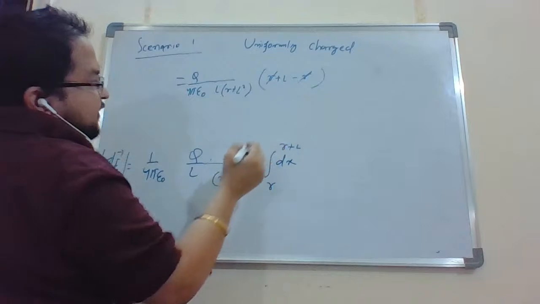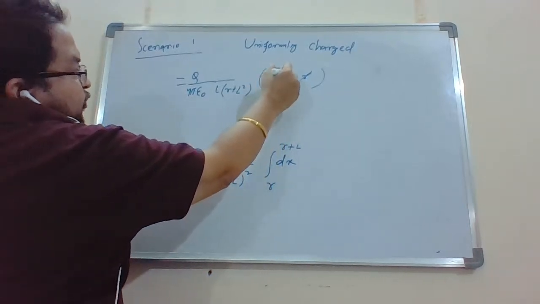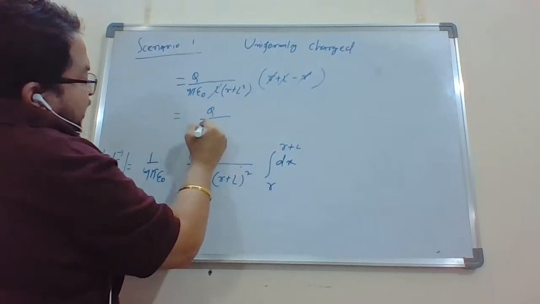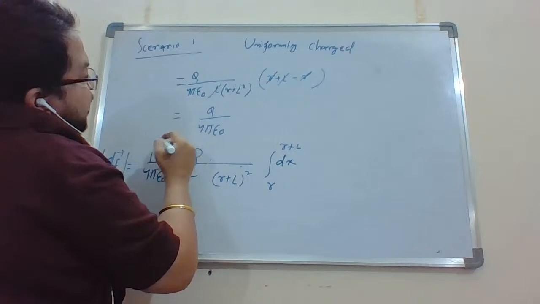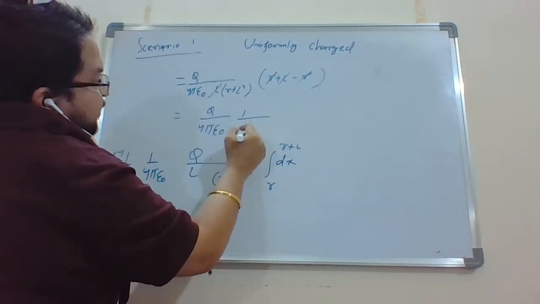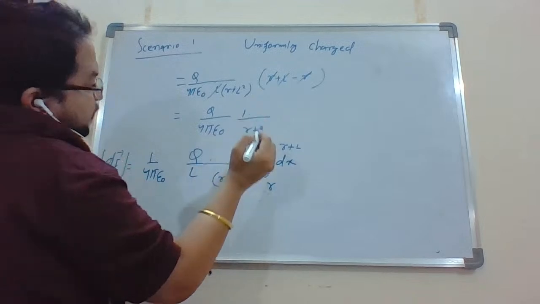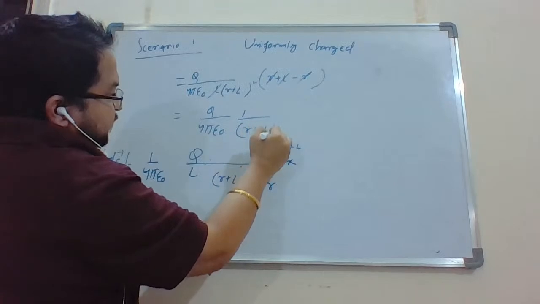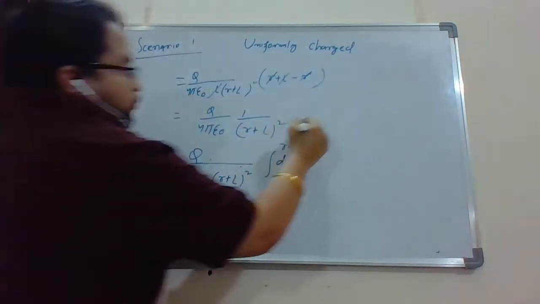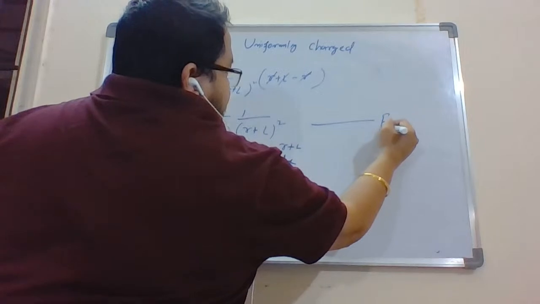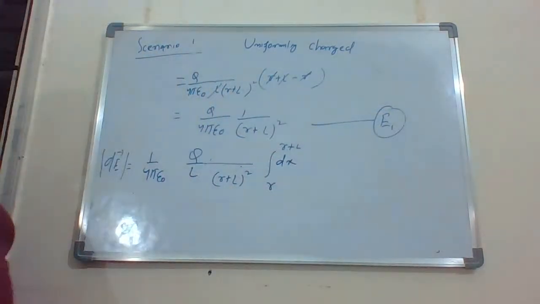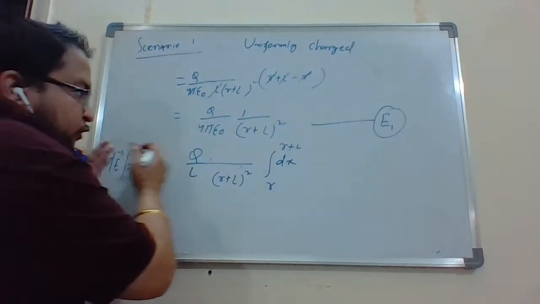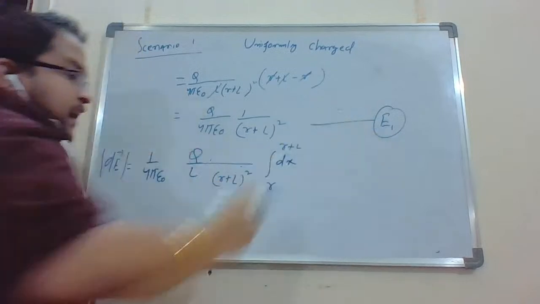So these two get cancelled out, and this L will get cancelled out with this L, and the answer would be Q by 4 pi epsilon naught 1 by r into R plus L. Sorry, this is whole square, R plus L whole square, right? So this is your equation. So this will be the magnitude of the total electric field intensity due to the uniformly charged rod at an end of it.